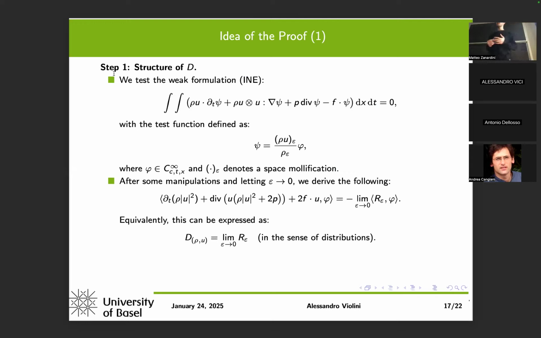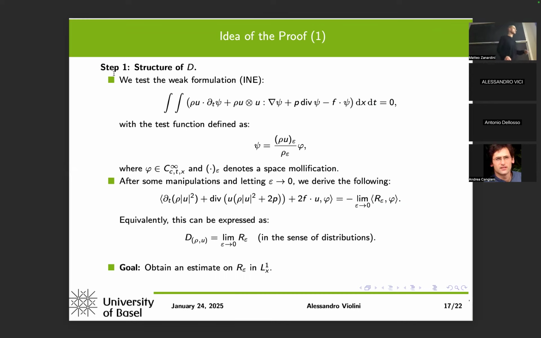So you can prove, if you allow just U and rho to be L infinity, to arrive at something like this. So your dissipation is equal to the limit of a remainder, of an error. Clearly, if rho and U are smooth, this error is zero. It's quite easy to show. I cannot give you the full expression of R epsilon because it's very long.